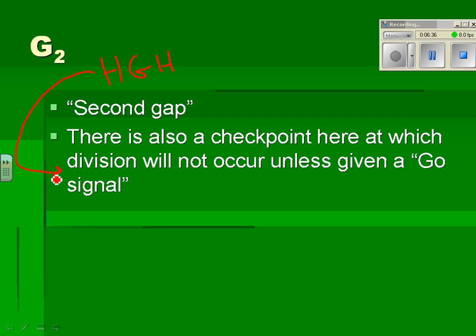That's the simplest way I can tell you. Sometimes it's in the cell itself. There's a gene that says, all right, you've got to divide, and it makes the cell divide. I don't want to get too complicated with genetics.